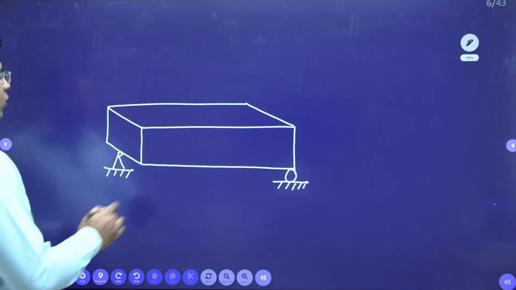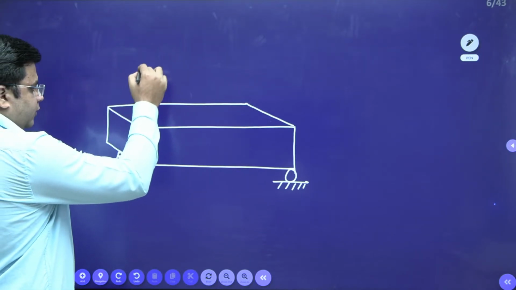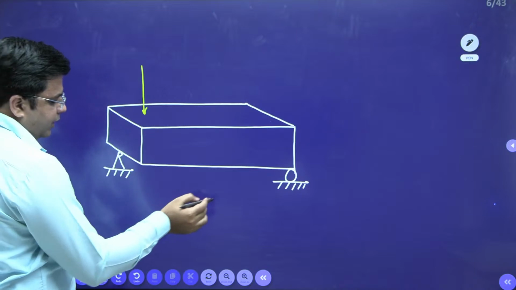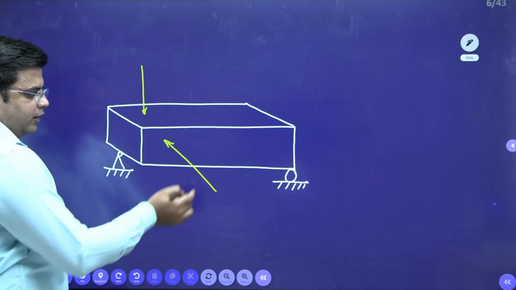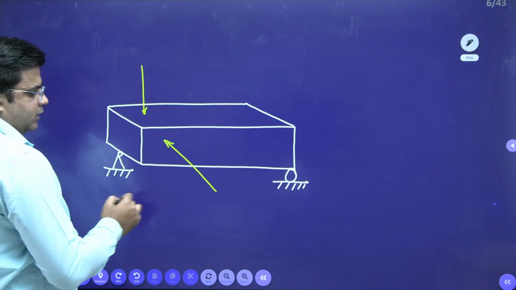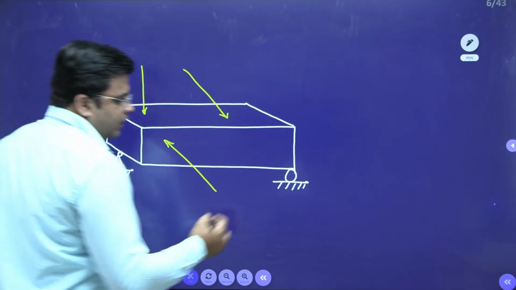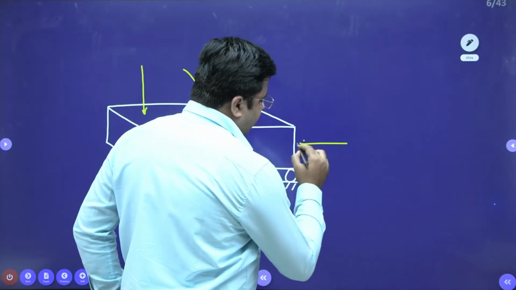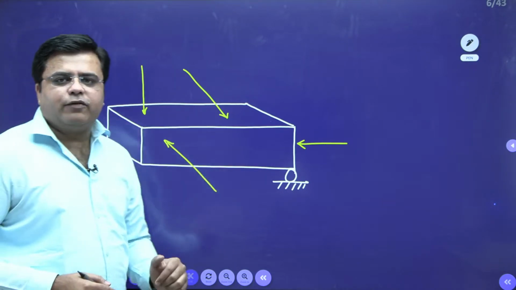If any load is acting like this, this is the load acting in the vertical direction. Then you have any load in the transverse direction, right? This is the load acting in transverse direction. You have another load acting like this in the vertical direction and you have another load acting like this, right? All these forces are lying in three different planes.